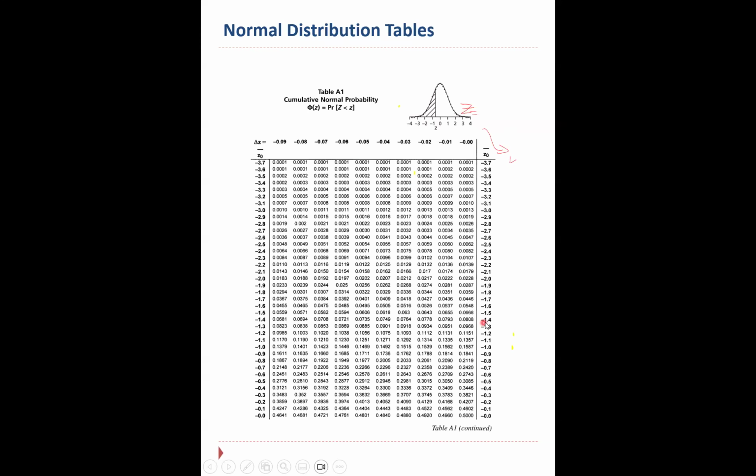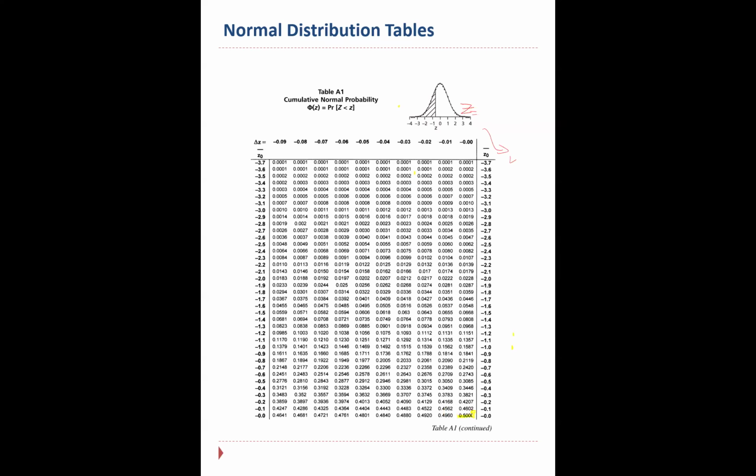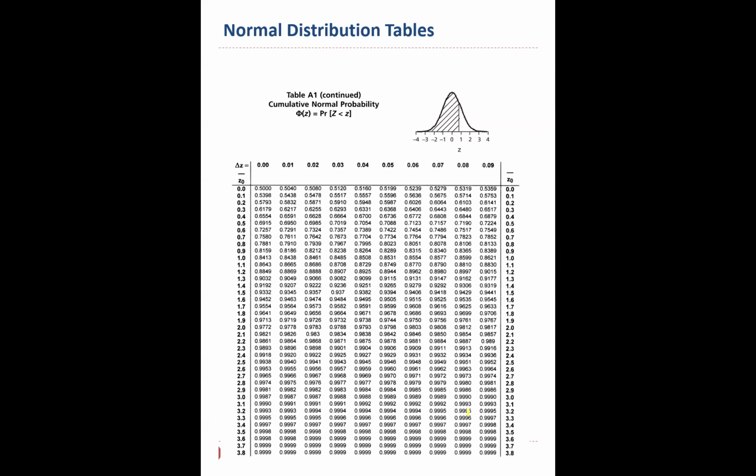Okay. So I was trying to highlight this value. This value suggests that 50% of the data belong to minus infinity to a value which is 0. The next page provides the values of probability beyond 0.